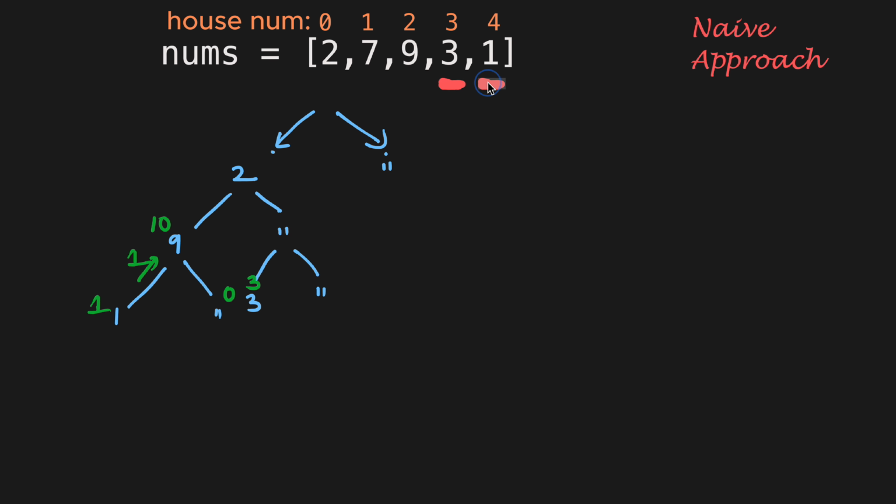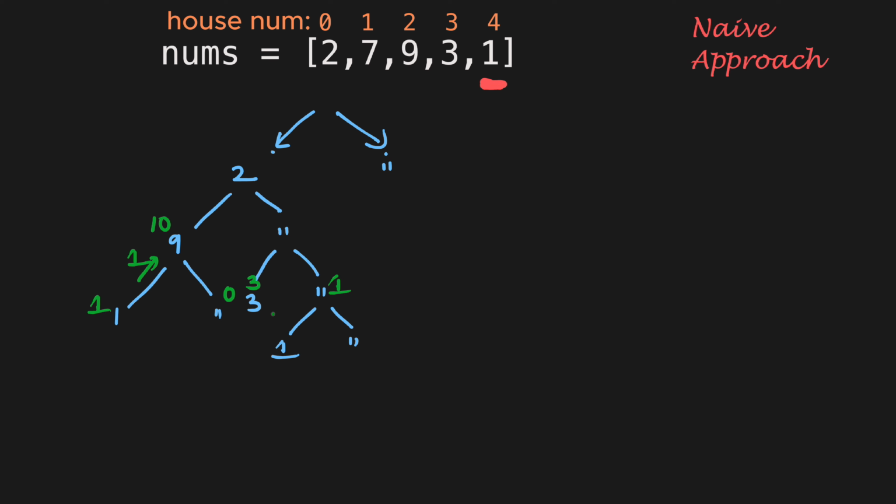And if we skip house number 3, we will again rob from house number 4, where again we can rob it or skip it. And this we are seeing as a repetitive problem because we have already calculated the value for robbing from house number 4 as 1, which we will return here. And here we are unnecessarily recalculating it instead of reusing it.